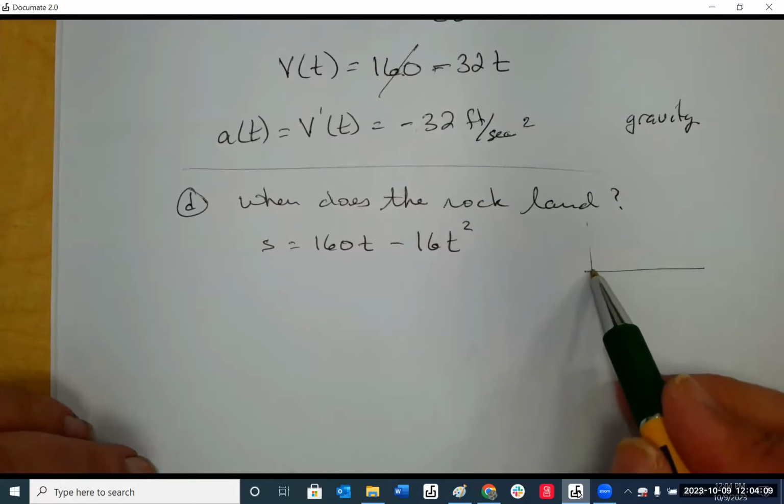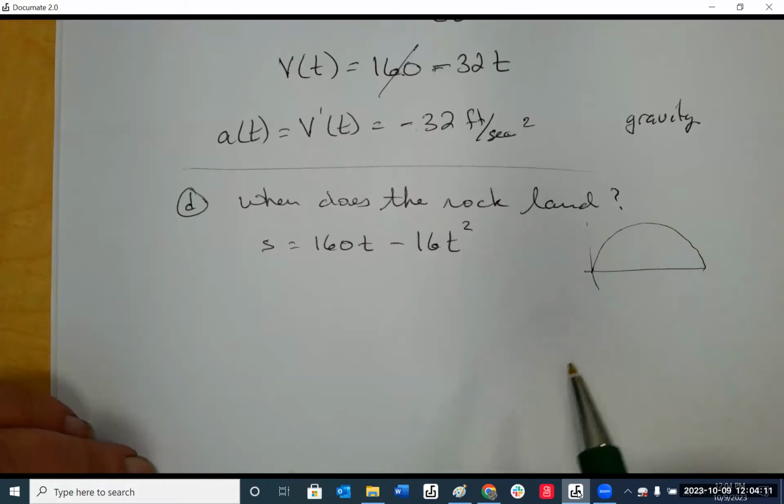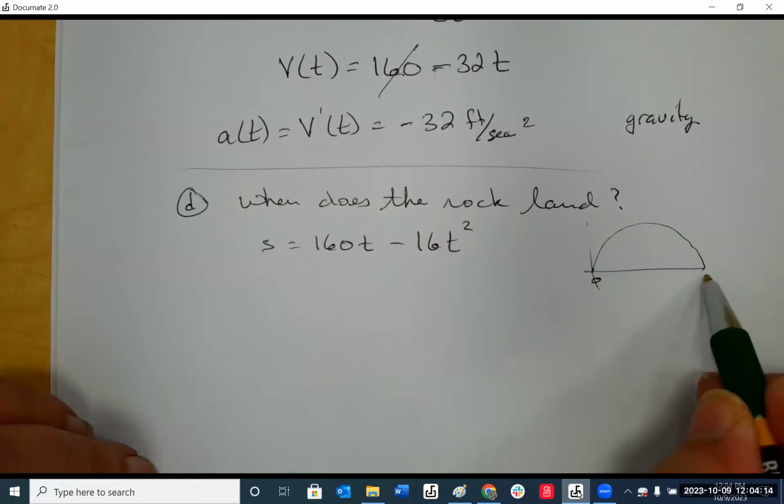Remember in the first question, we found it equals 0 and 10.